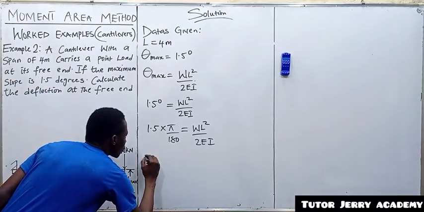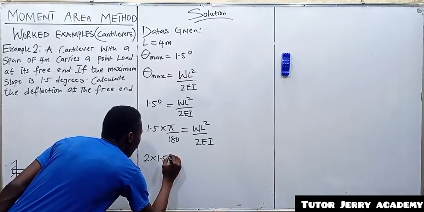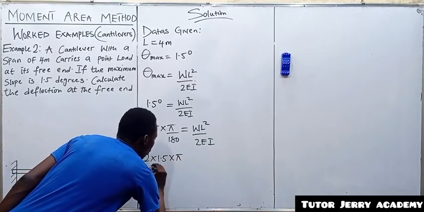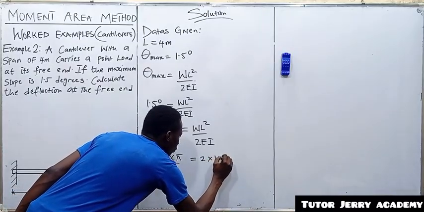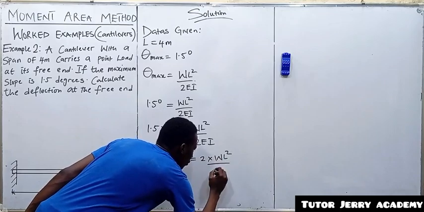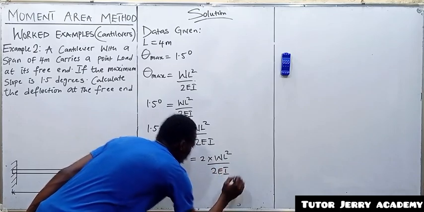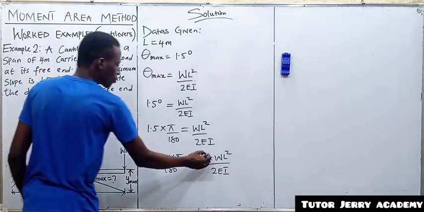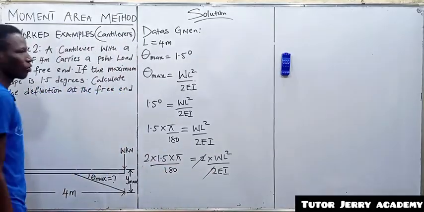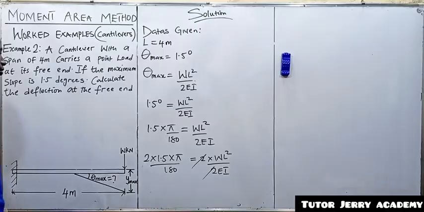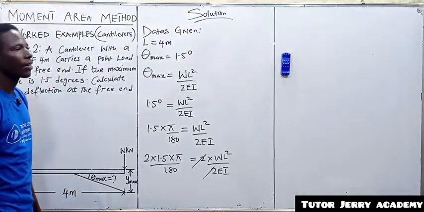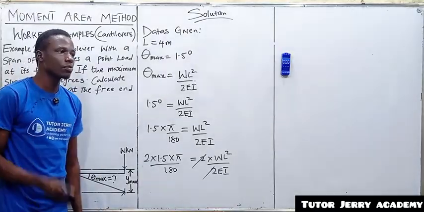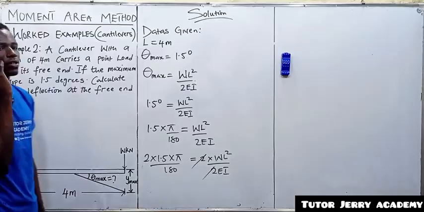We will have 2 multiplied by 1.5 multiplied by pi all over 180 equals 2 multiplied by WL square all over 2EI. The 2s cancel, and the left side is nothing but 0.2618 radian.